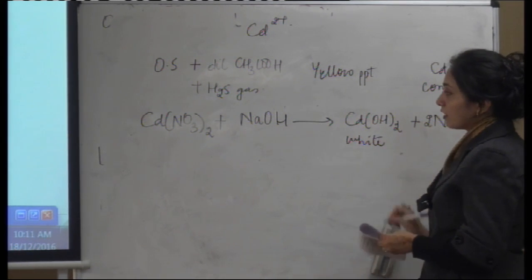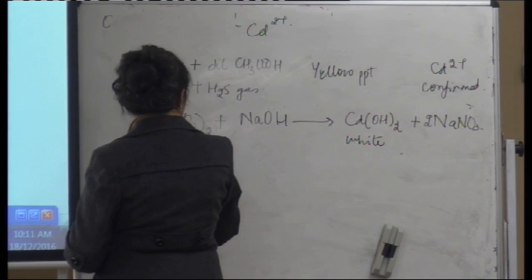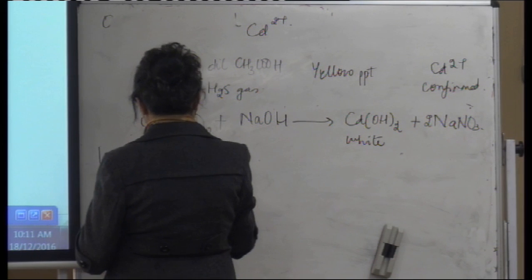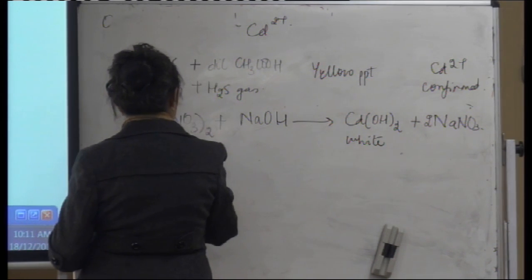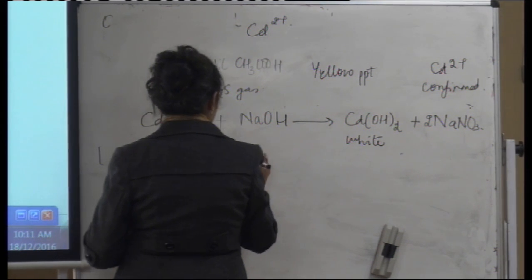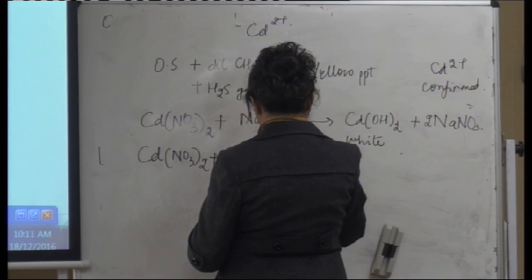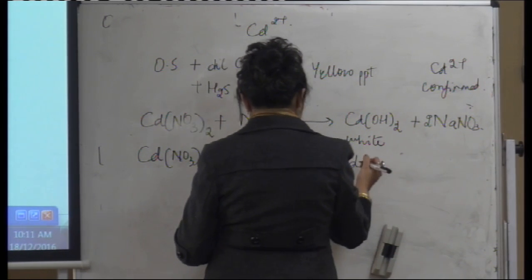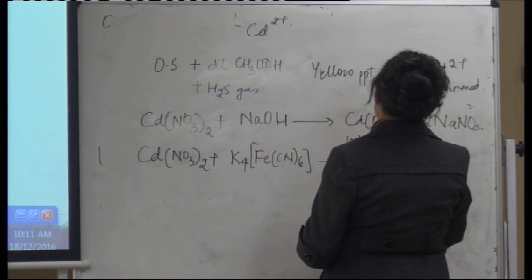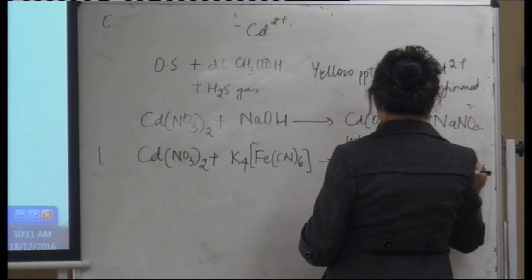Then you can add potassium ferrocyanide. Or say this is one test, take another test separately: Cd(NO3)2 plus K4Fe(CN)6, potassium ferrocyanide, and then you get cadmium ferrocyanide, which is again white in color, Cd2Fe(CN)6 plus 4 KNO3.